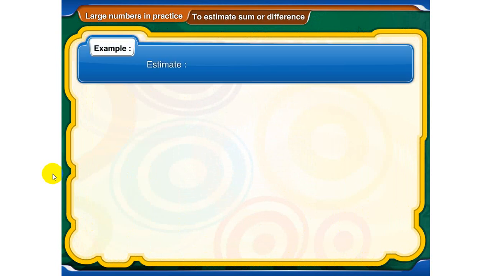Example: estimate 5,290 plus 17,986. Solution: you find 17,986 greater than 5,290.